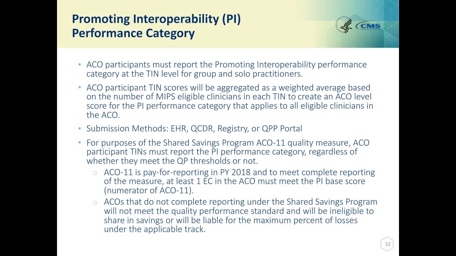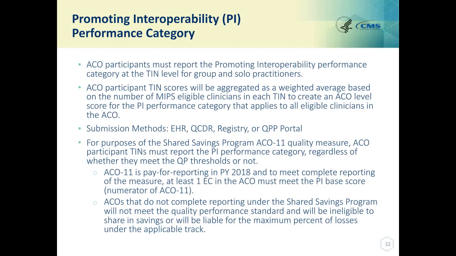These participant TIN level scores will then be aggregated up to the ACO entity level. They will be weighted according to the number of NPIs in the TIN, and we will use that calculation to create an ACO level score for the PI performance category, which will then be applied to all eligible clinicians in that ACO. The available submission methods for this performance category are EHR, QCDR, registry, or the QPP portal.